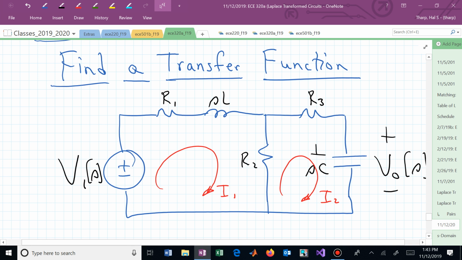If V1 is constant or has a constant component, it could be made up of multiple terms, maybe an exponential. What if it was a sinusoid? What would you expect V sub 0 to be? It's linear. You would expect it to be shaking exactly the same as the input.